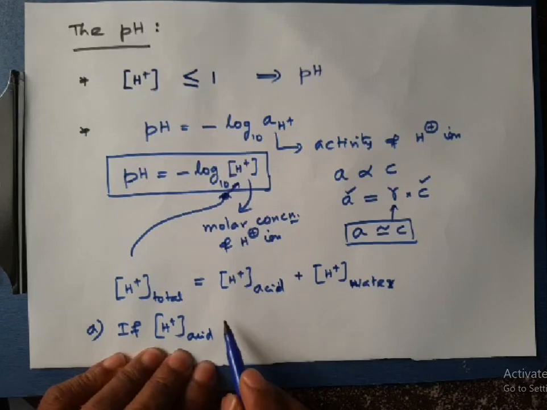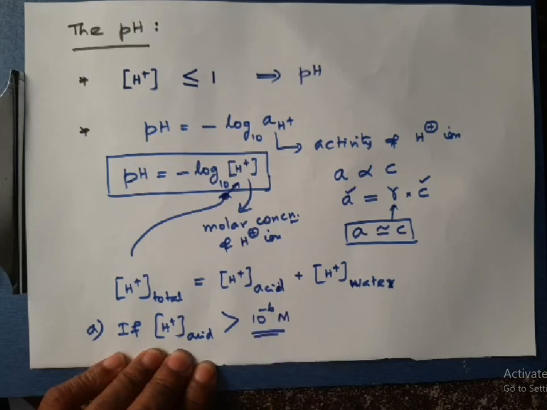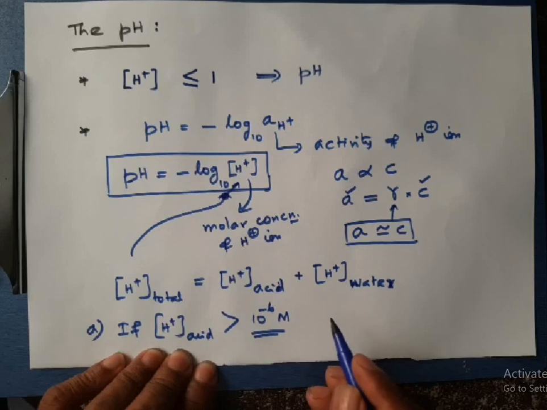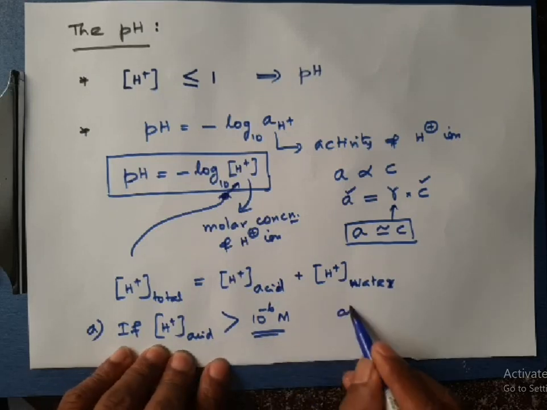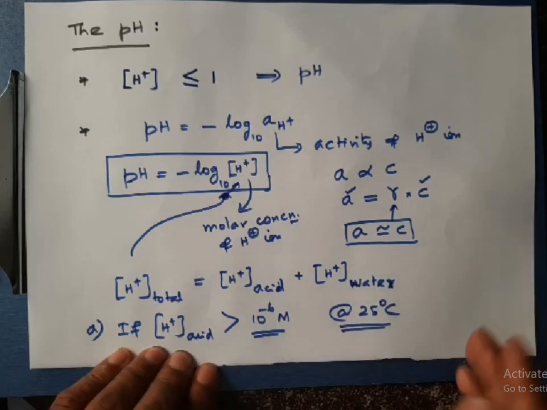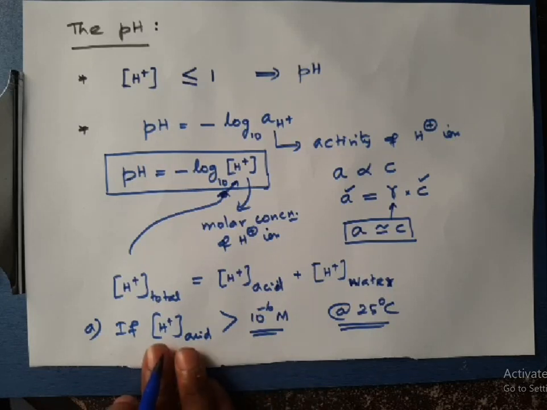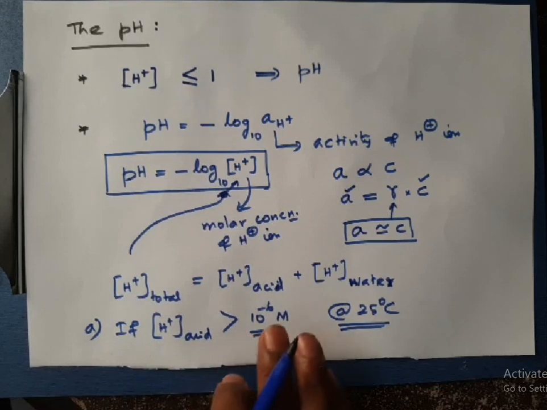If it is greater than 10 power minus 6 molarity, and I am going to use this condition at a temperature of 25 degrees Celsius, we'll discuss why 25 degrees Celsius later.